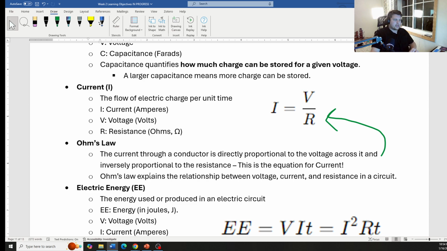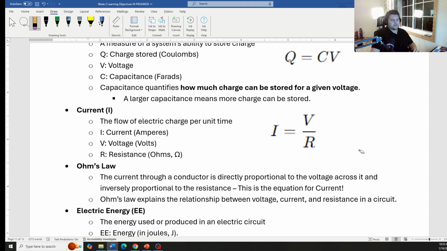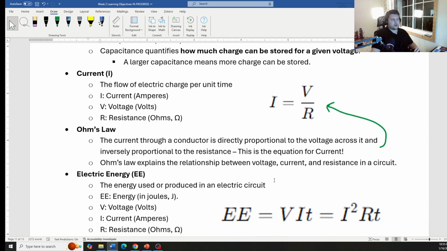Ohm's law explains the relationship between voltage, current, and resistance in a circuit. Reading back through it, I did a couple of checks, and every time I look up Ohm's law, it just brings up this specific equation. Yeah, it's correct. Voltage, current, resistance. For some reason, it rubs me the wrong way that the equation is used twice in this context, but that's fine. Ohm's law is this equation, which gives us the current.